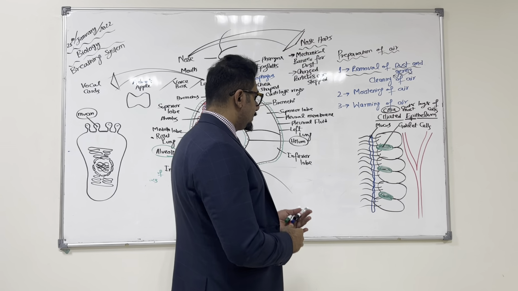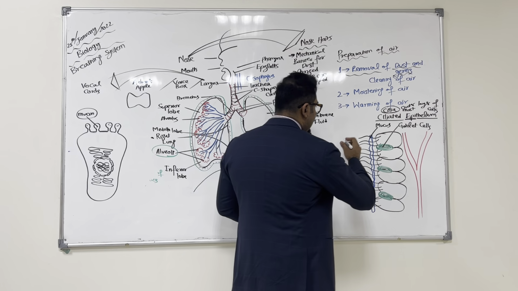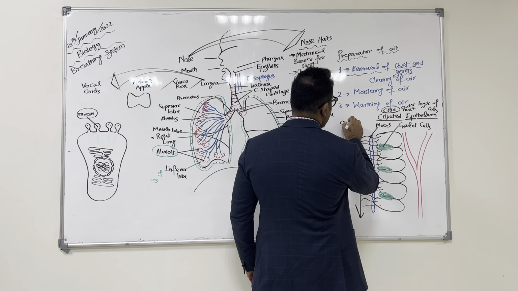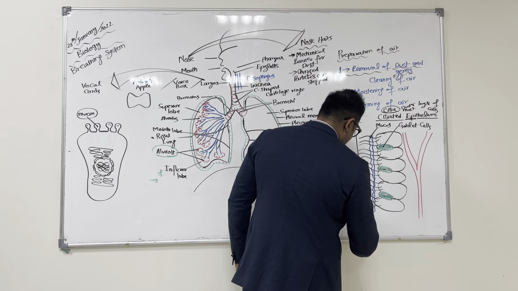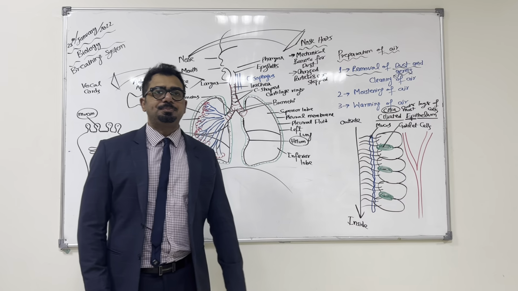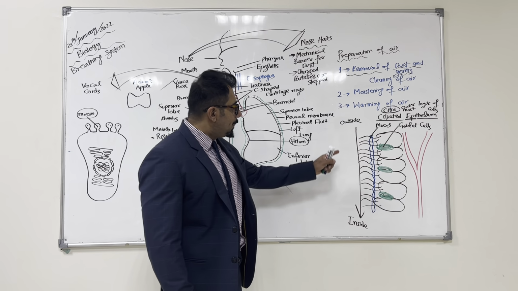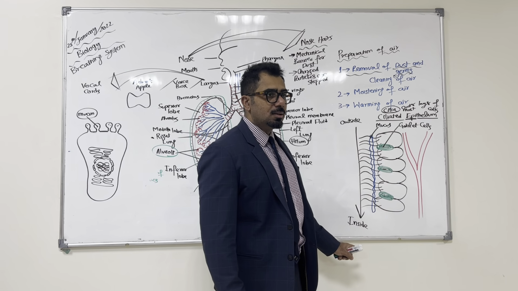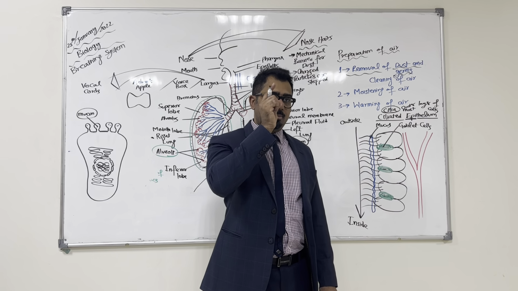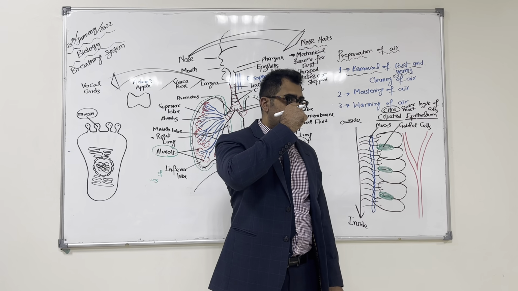Now just imagine that air is passing. Let's suppose this is the outside and this is the inside. When the air passes from outside to the inside, first of all there will be nose hairs in the nostrils. Remember, the nose hairs are present in the nostrils.